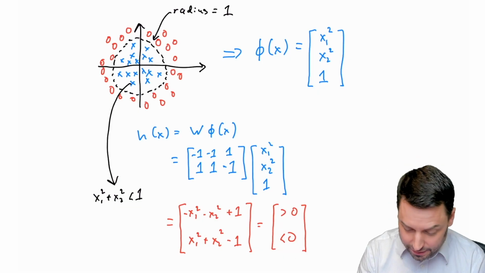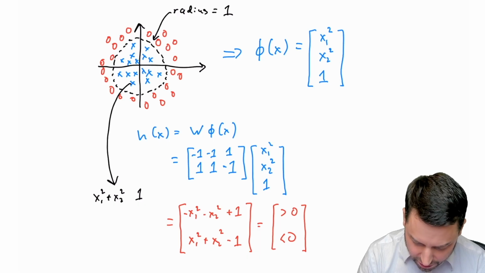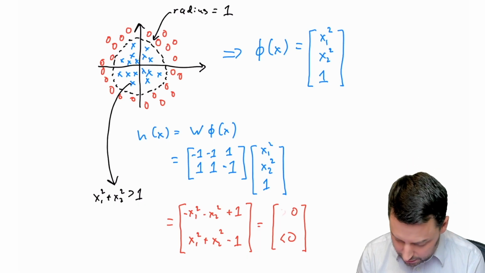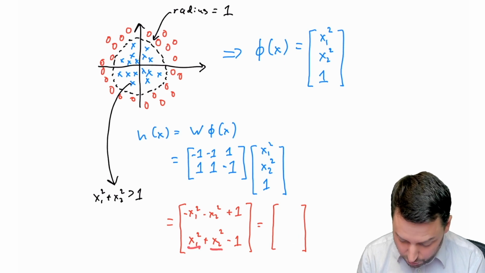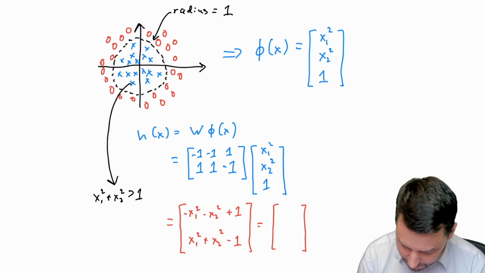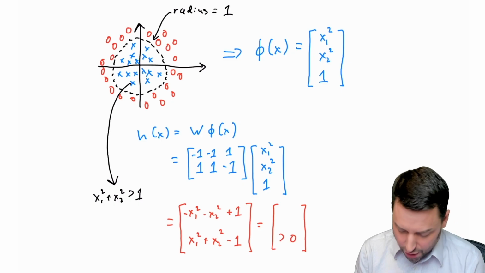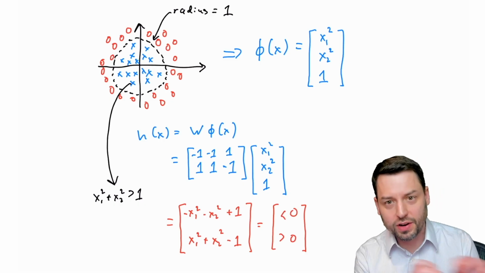On the flip side, if x1 squared plus x2 squared is greater than 1, then x1 squared plus x2 squared minus 1 is greater than 0. Keep getting the wrong colors here. And the opposite is true for the first entry in that column.